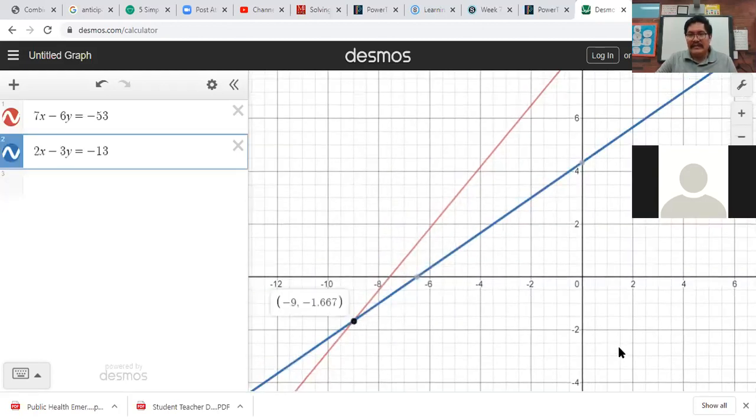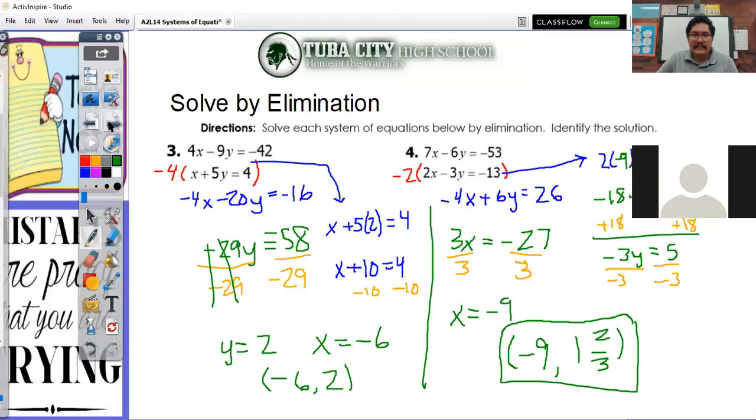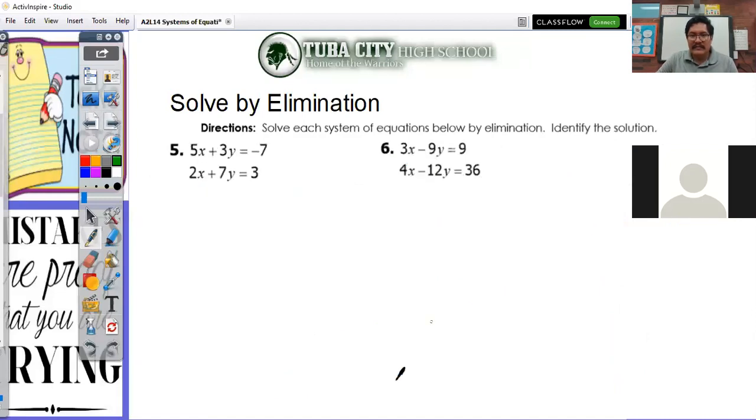So there we go. We checked it, right? Because I did say that some of these might be fractions. So don't discount them if they are fractions, I guess. Sometimes you'll get them. All right, so let's go ahead and go back here and move to another set.